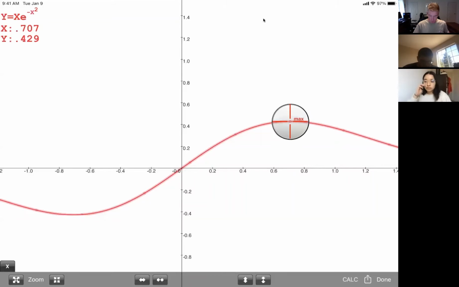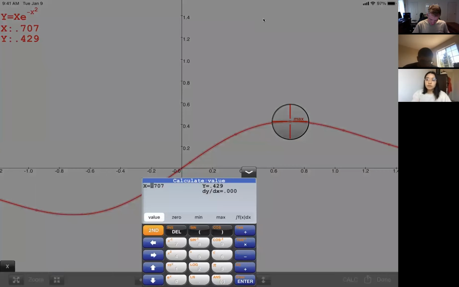So that's 0.707. And then calculate and type in 1 divided by the square root of 2. And that is the 0.707. And then the other one would be the negative value, negative 0.707. So there's a minimum and then a maximum.